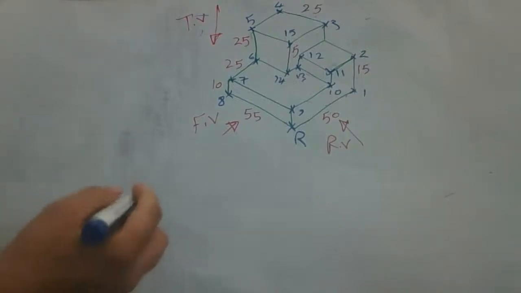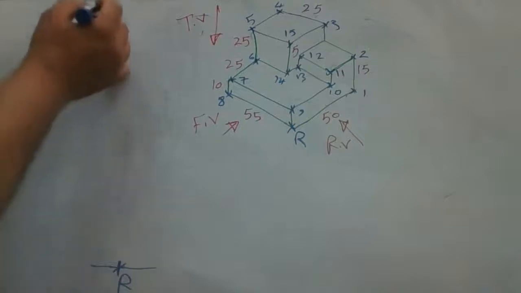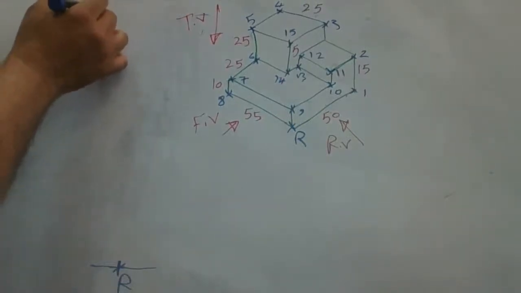Okay. Now we can start by choosing R here. This is the point R. Let us draw an oblique one.